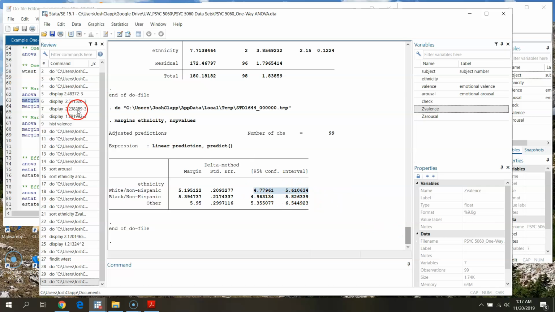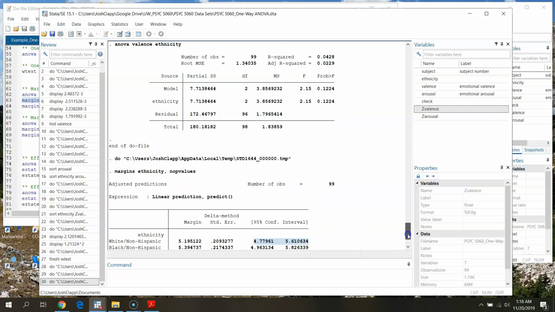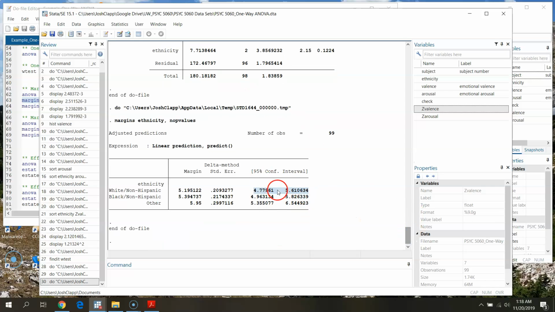So note whenever you run marginal means that the confidence interval for these mean values is based on what we ran in our overall ANOVA model. So it's taking this error variance and using that to calculate standard error for our confidence intervals.